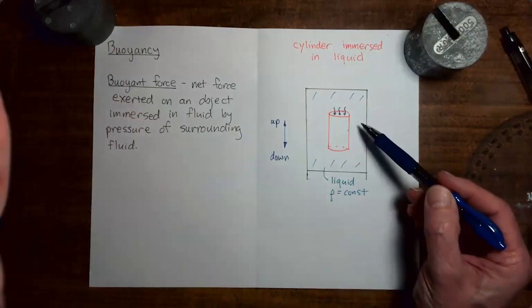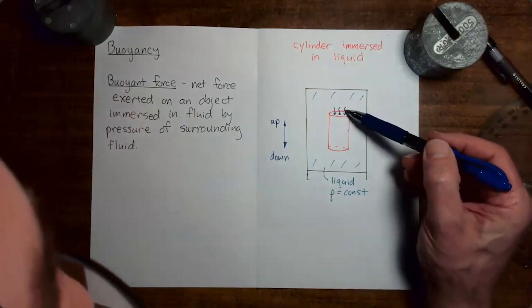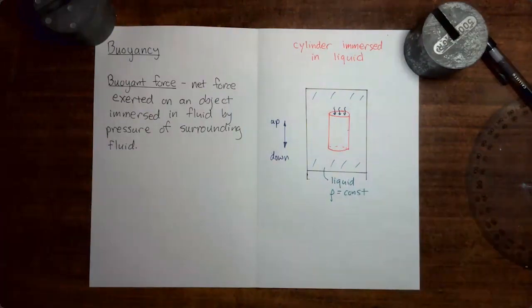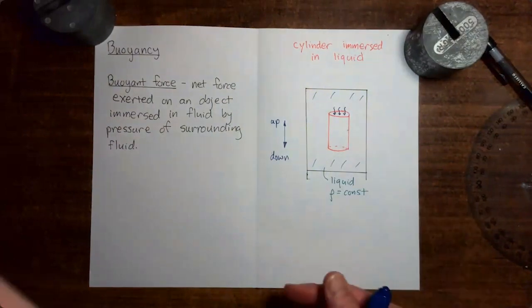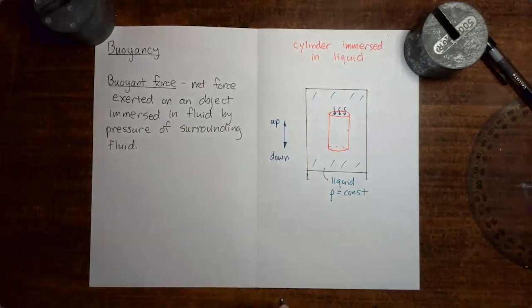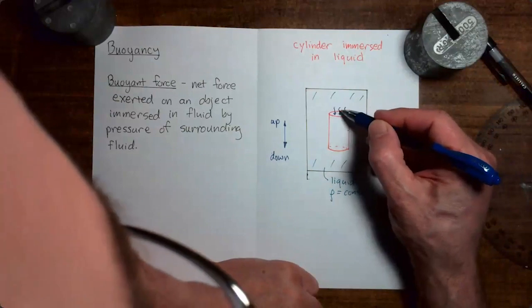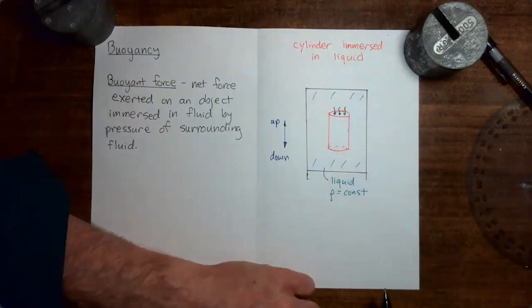A couple of things to keep in mind here is that, first of all, pressure is going to become greater as we go deeper into the liquid. And also, the push of the pressure on the solid is always going to be perpendicular to the surface of the solid. So at the top surface here, I have the weakest pressure pushing down on that top face of the cylinder.